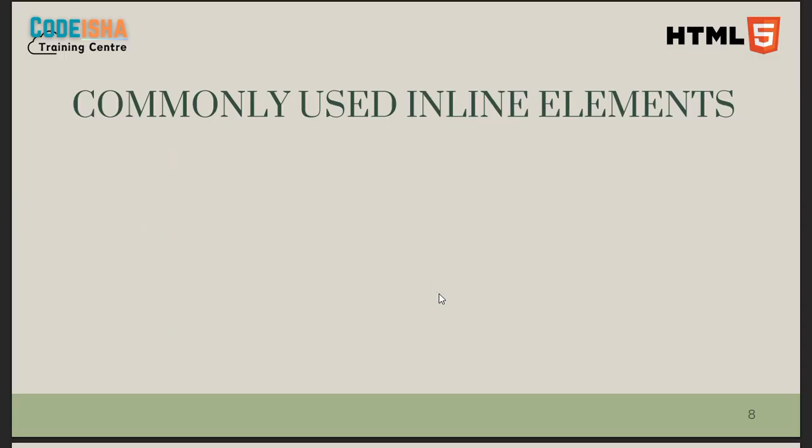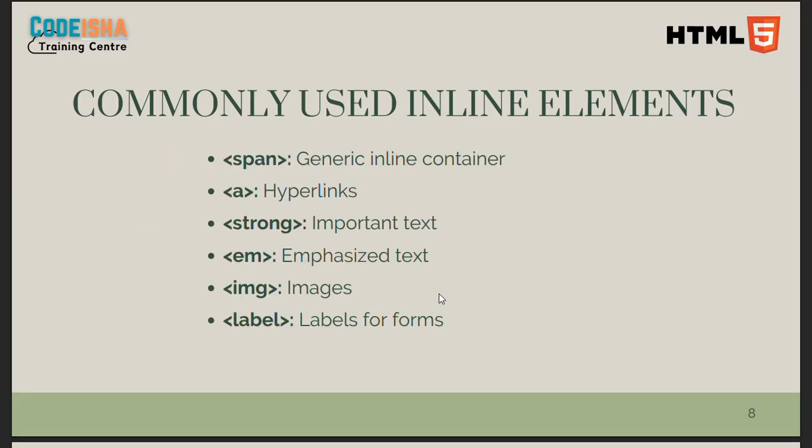Coming to the commonly used inline elements: span is a generic inline container, a is for hyperlinks, for our links we need to use the a tag, strong is for important content, nothing but bold, em is for emphasized context, img is for images, and label is for forms. These are all inline elements, and there are some more inline elements, but I'm adding only some of the tags.